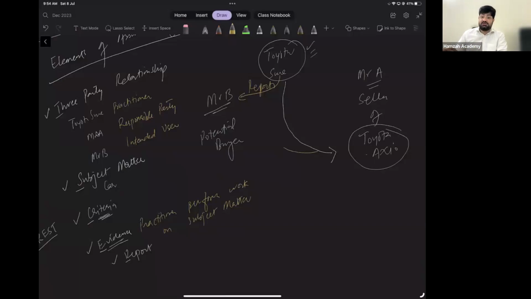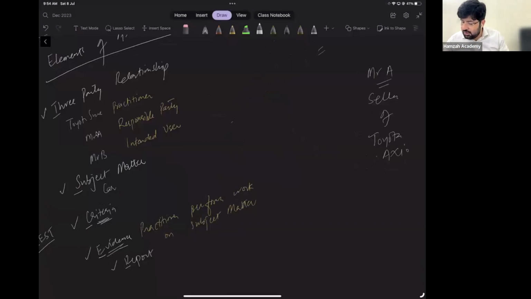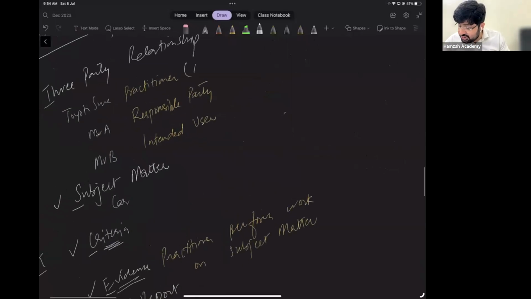Now, one service is assurance. Audit is also an assurance engagement. So I will erase this to be able to link it with audit. Just see here. The auditor is the practitioner, with specialized knowledge.